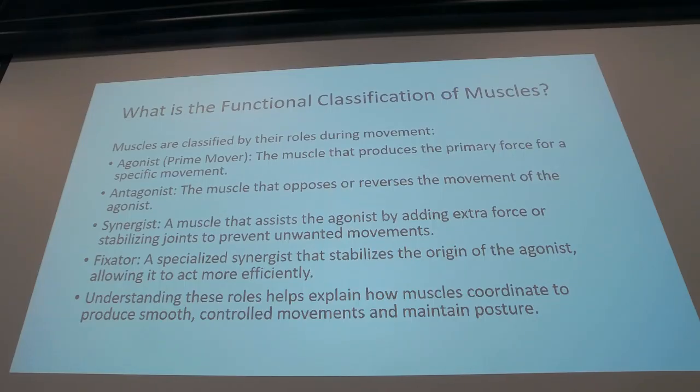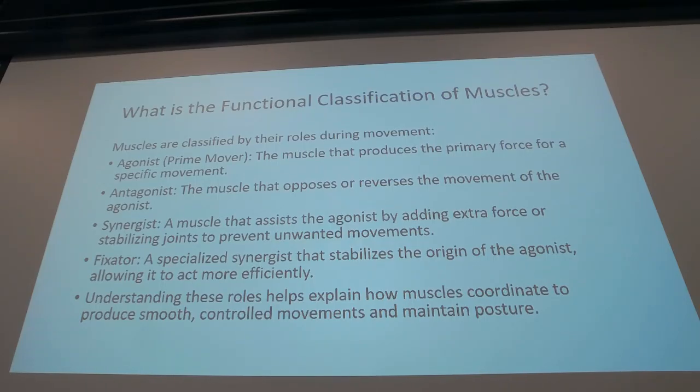Now, we also have muscles that can help the agonist. In this case, you call it a synergist. It reduces the amount of work that the agonists have to do by stabilizing the joints and preventing unwanted movements.